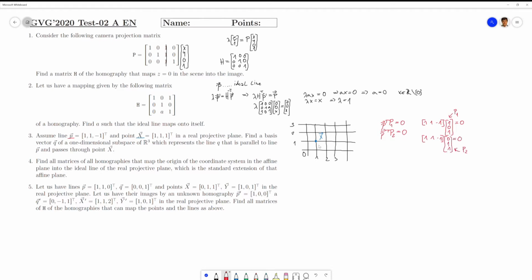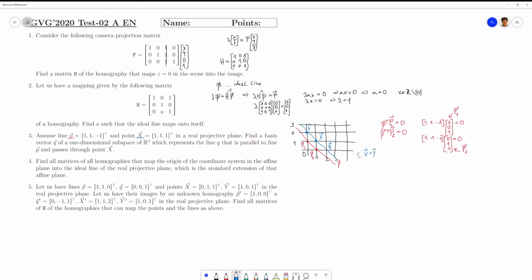Knowing the points p1, p2, we can draw a line in the related affine plane to our real projective plane. After that, it is simple to find the parallel line q which is incident with the point x. So we can choose, for example, a point y on q and compute q as the cross product of the x and y points.